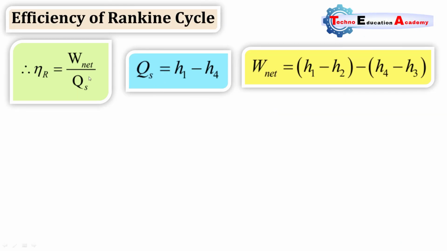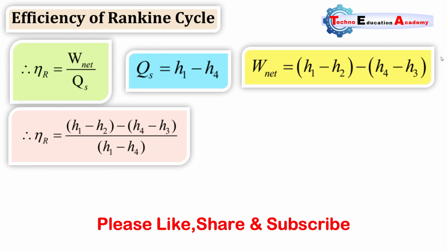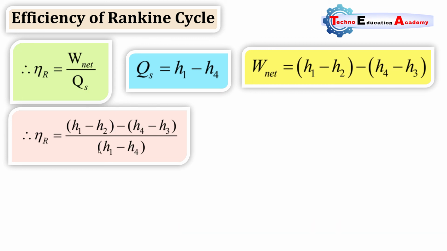Now we will put the values of heat supply and work done in the equation of efficiency of the Rankine cycle. Putting these two values in this equation, we get efficiency of the Rankine cycle equal to net work done, H1 minus H2, this is turbine work, minus H4 minus H3, this is pump work. Work output minus work input, divided by heat supplied in the boiler, H1 minus H4.